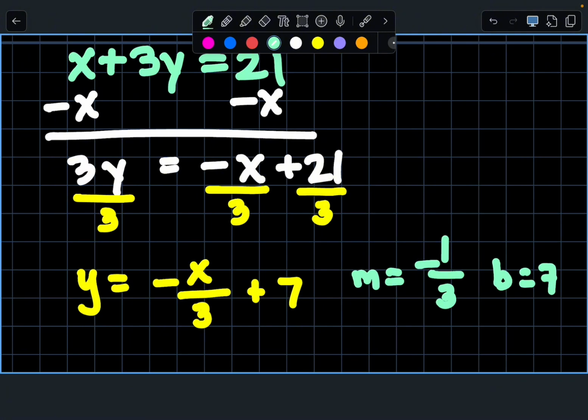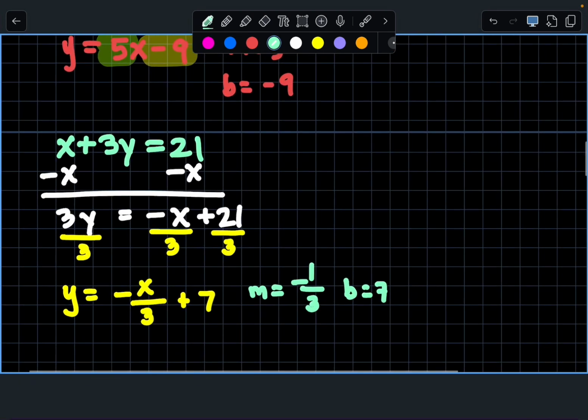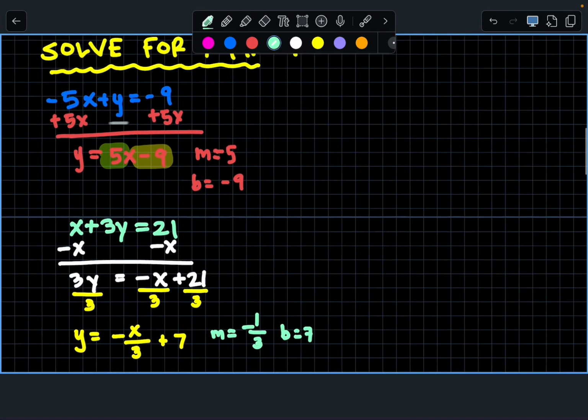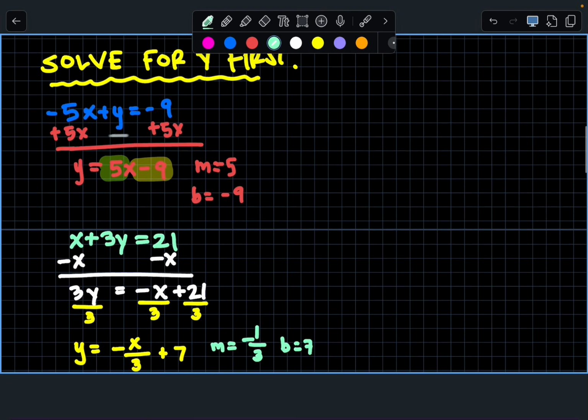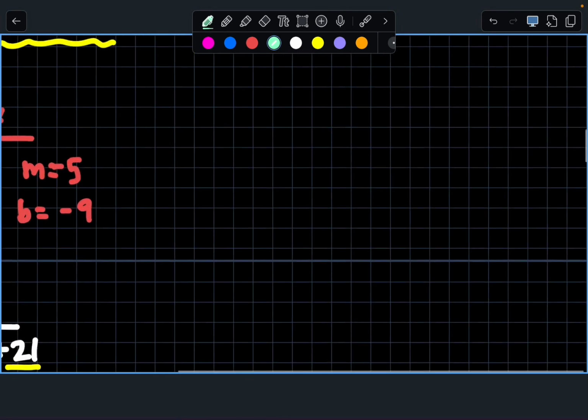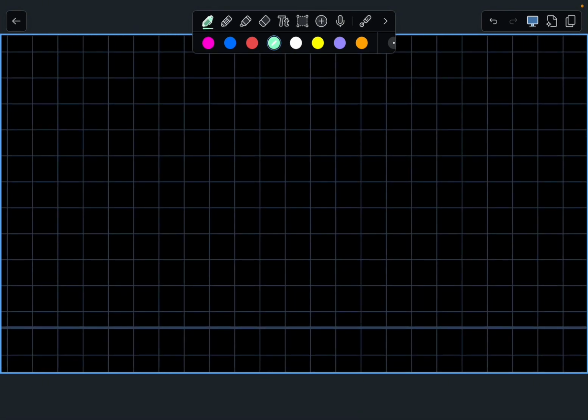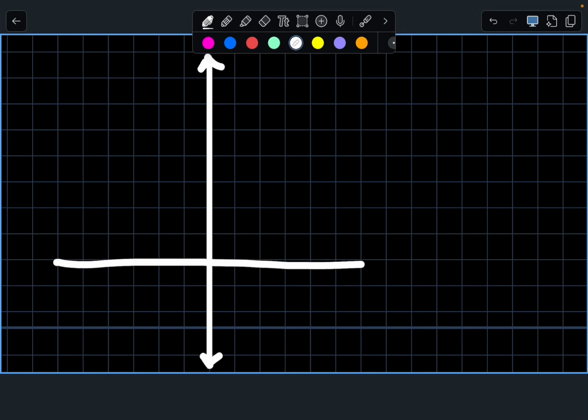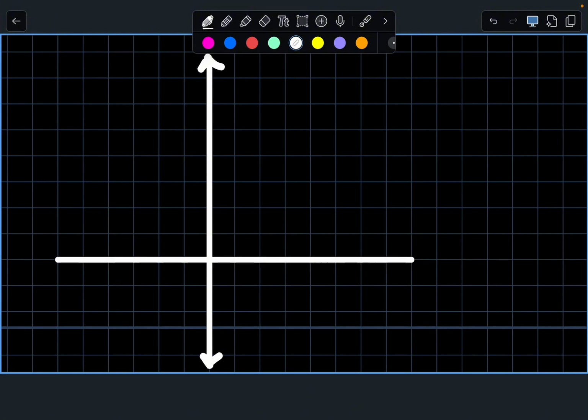So we're going to go ahead and graph these now. So let's go ahead and I'll do it over here. Come up with a graph. Let's do white. Can you guys see the grids?